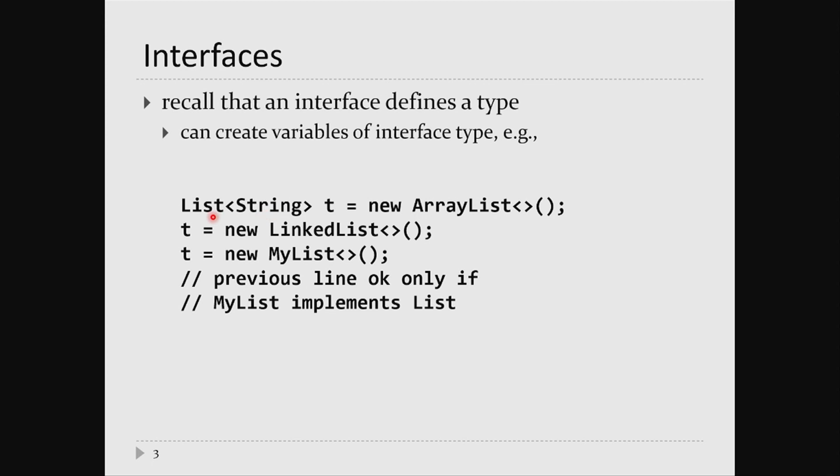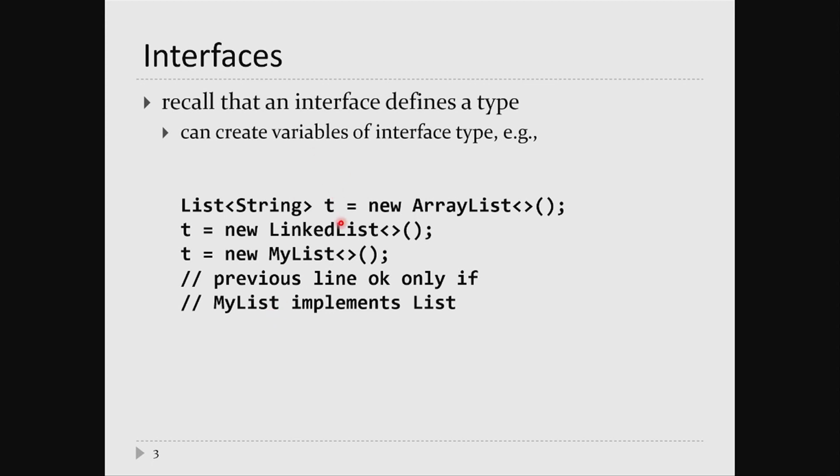I can store any object that implements the list interface. So I can put an array list into a list variable. I can put a linked list into a list variable. You can even put your own list class into a list variable as long as your list class implements the list interface. So anybody is allowed to extend the list or implement the list interface, and then you can use your new class in the way I just showed you.